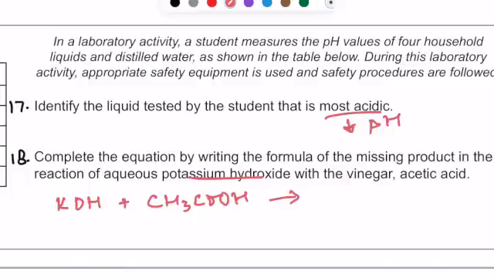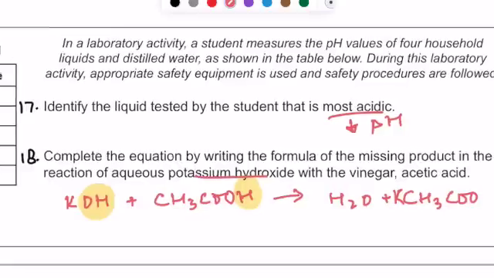So to make water, the base is going to give its hydroxide, the acid is going to give its hydrogen. So that will be H2O. And then whatever is left is going to be CH3COO. And then K. The reason why I'm writing potassium at the beginning is because it's a metal. We always write the metal first. So there you go, that is your salt.